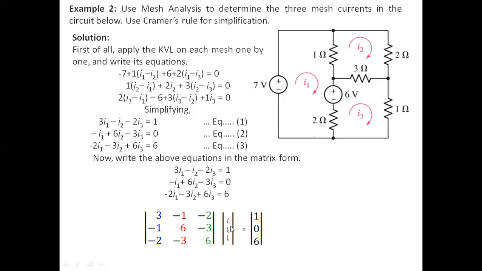If you want to find delta 2 for current I2, replace the second column with these values and find the determinant. Again for I3, replace these green values, and again find the determinant. That's all. We'll see that step by step. First find out the main determinant.